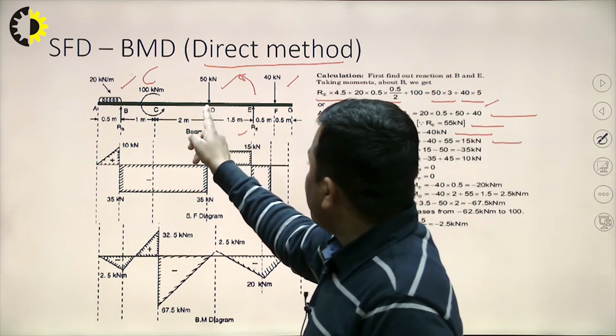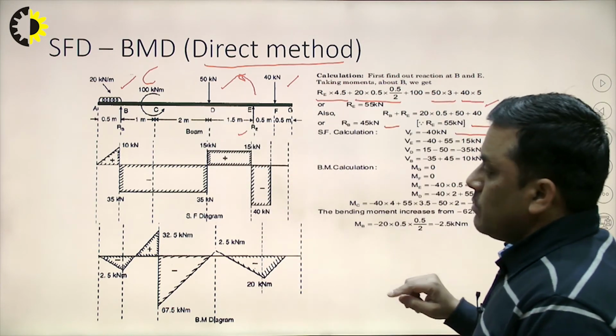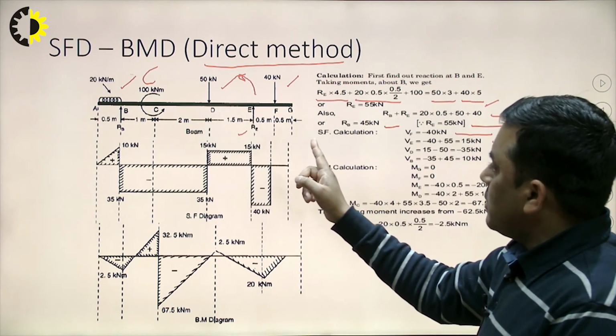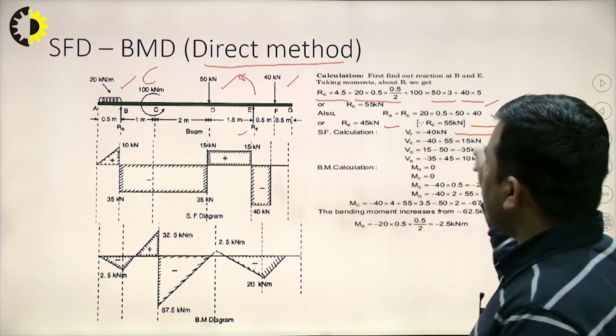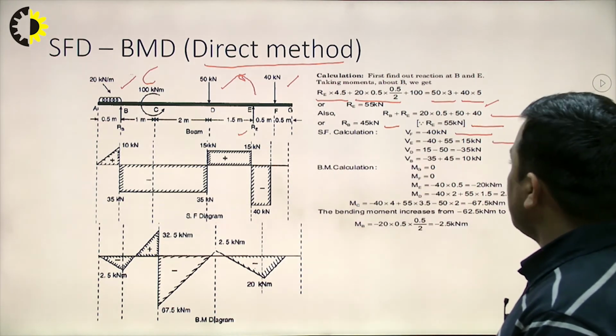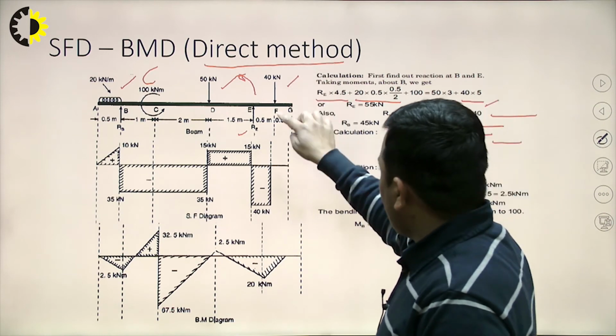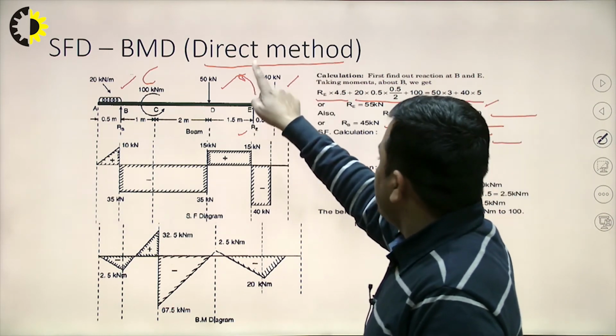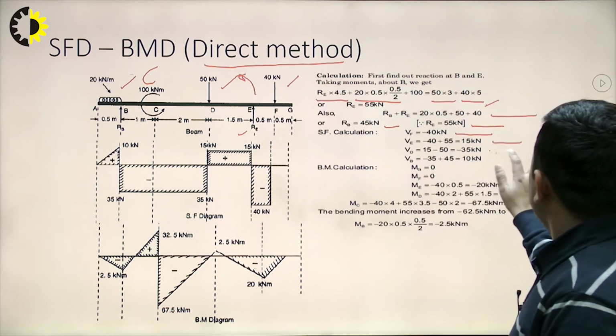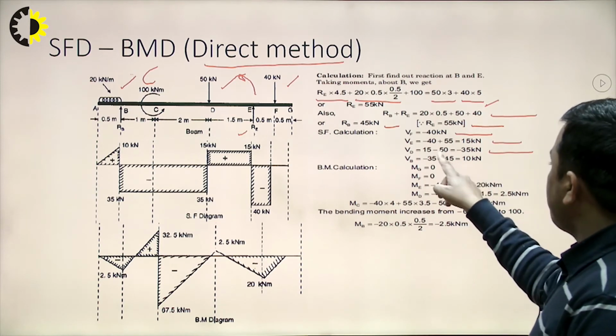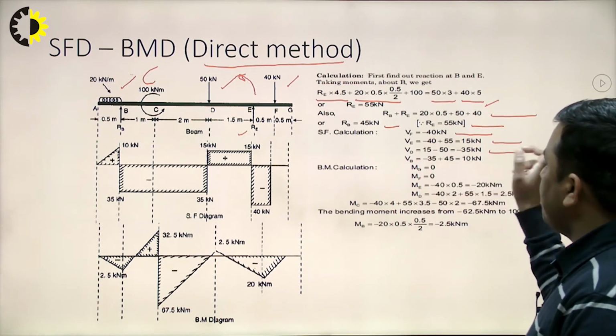Now, move to the point D. The shear force at point D is the algebraic sum of the forces at D and on the right side of D: minus 40 plus 55 minus 50. This is 15 minus 50, which is minus 35.